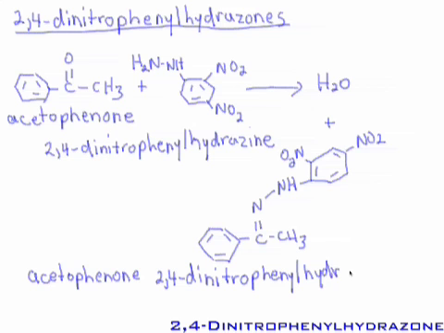Try not to get the name of the reagent mixed up with the product. 2,4-dinitrophenylhydrazine gives a 2,4-dinitrophenylhydrazone. The last one we want to look at is the formation of semicarbazones.